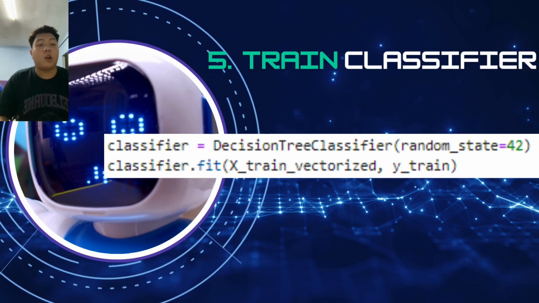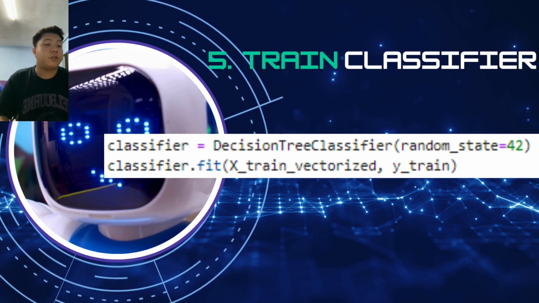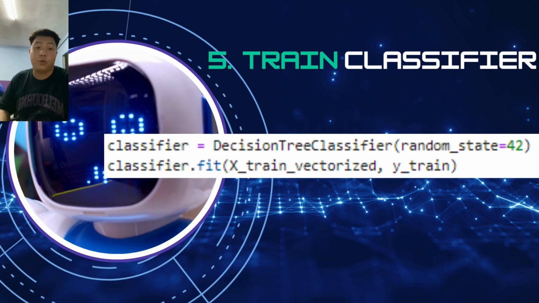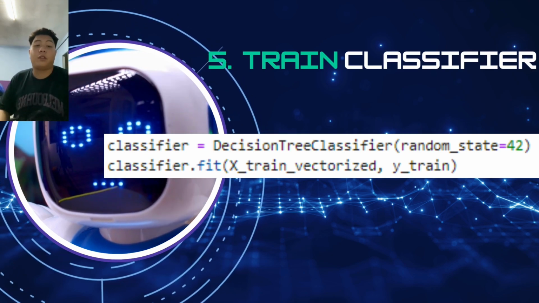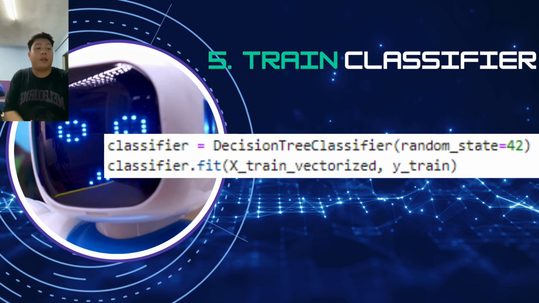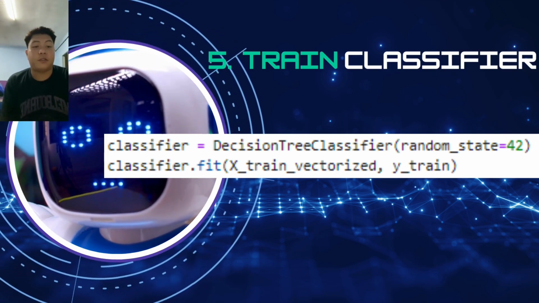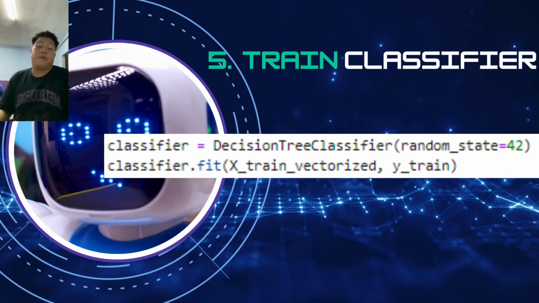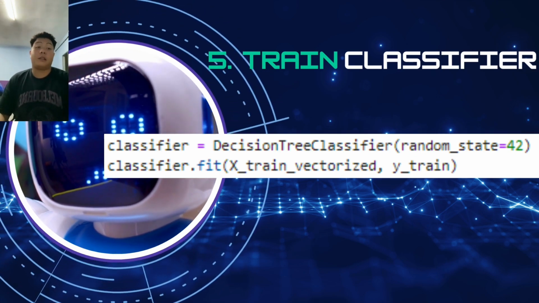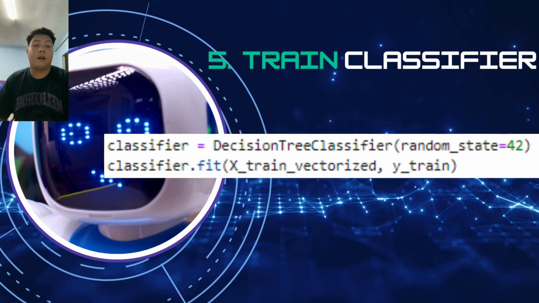The provided code creates a decision tree classifier, sets its random state, and then fits it to the training data, X_train_vectorized, along with their corresponding labels, y_train. This process trains the decision tree classifier to learn patterns in the data that can be used to predict the labels of unseen data.